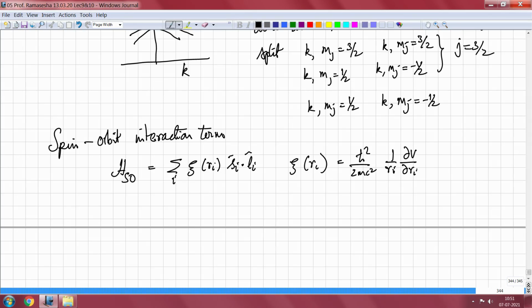This expression is true when the potential V of r is spherically symmetric.